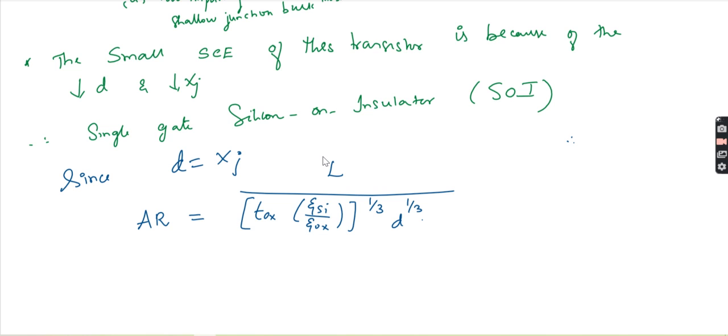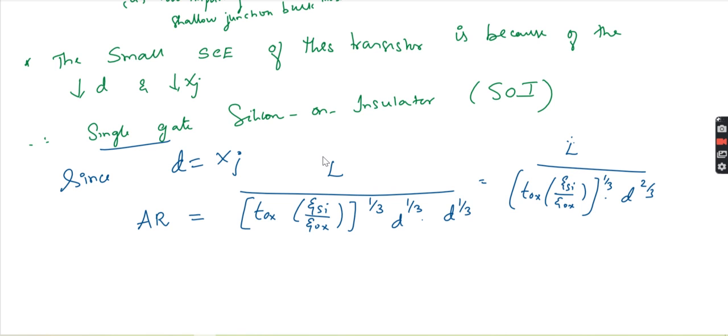Since d is equal to xj, this becomes L divided by (T_ox times epsilon_Si divided by epsilon_ox) to the power 1 by 3 into d to the power 2 by 3. This is for single gate.